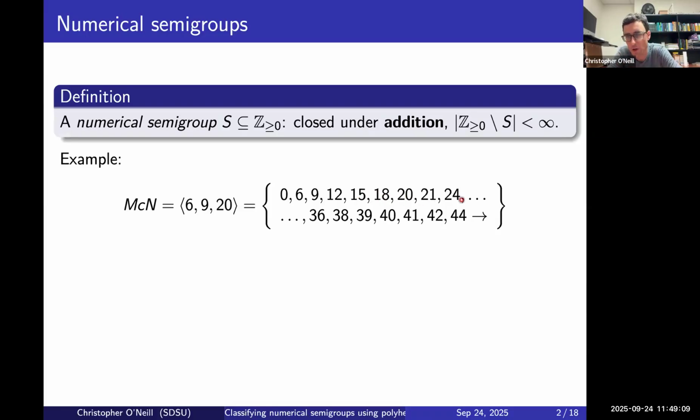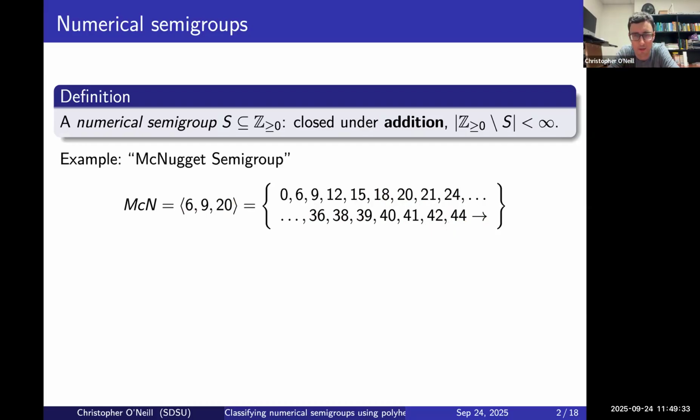And what we find is as we go further out here, because there's more ways to add these together, we start to see fewer and fewer integers being omitted. And what you'll find here, for instance, is that 43 is the last integer that's missing. Everything afterwards, 44, 45, everything higher, there's some way to add 6s, 9s, and 20s together to get you exactly that value. So this is my personal favorite numerical semigroup.